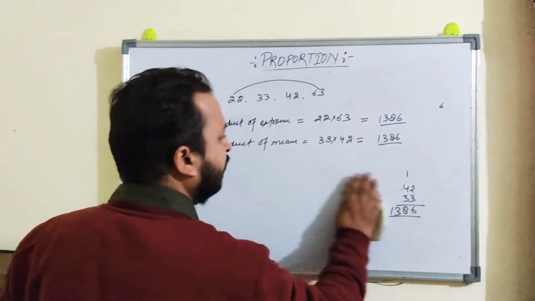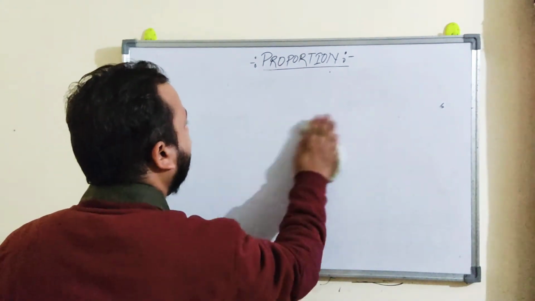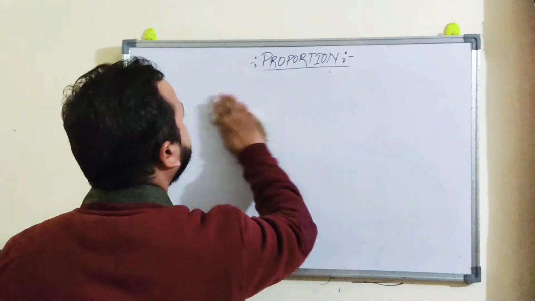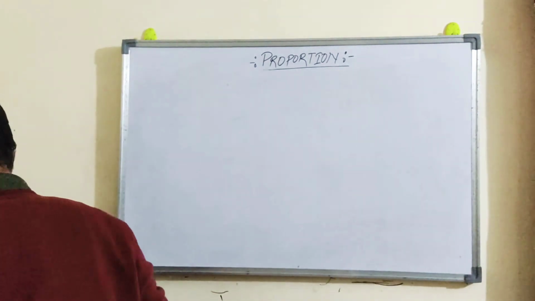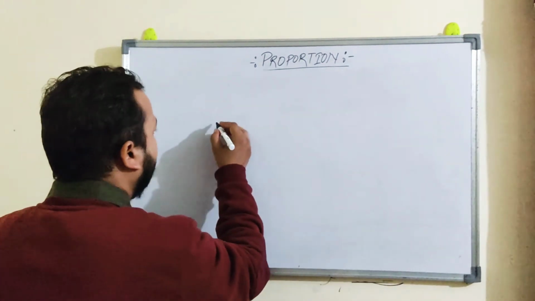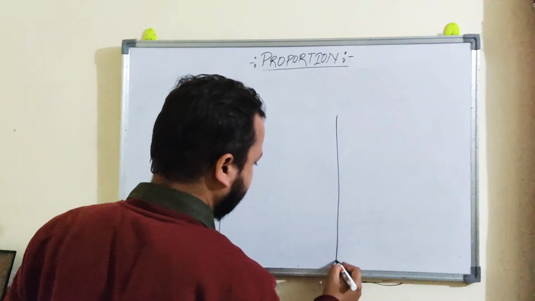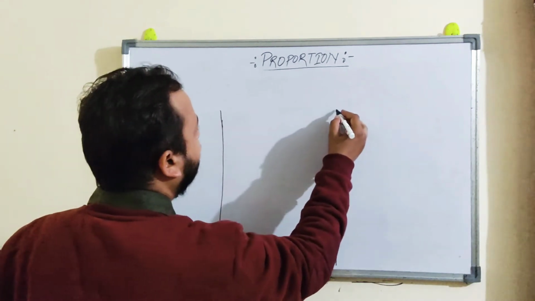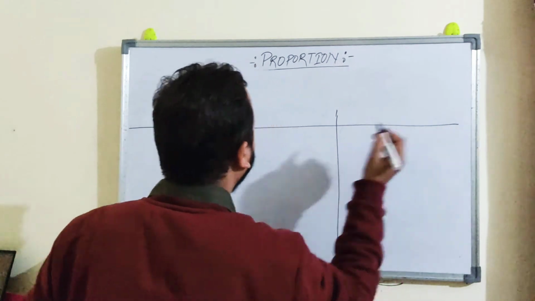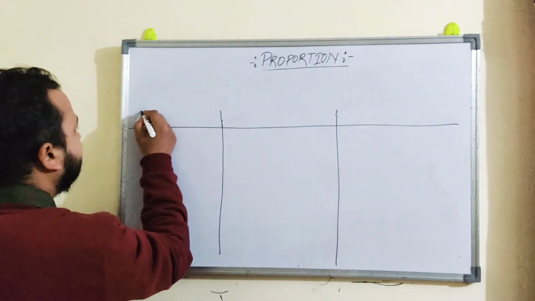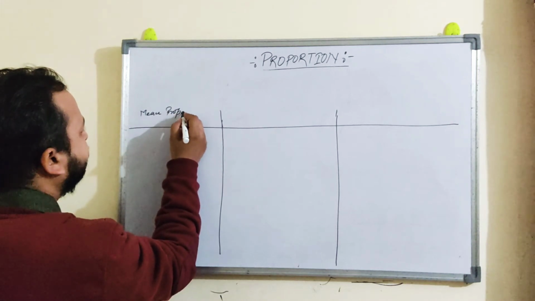Now come to another topic of this proportion. They are actually of three types. First one is known as mean proportion.